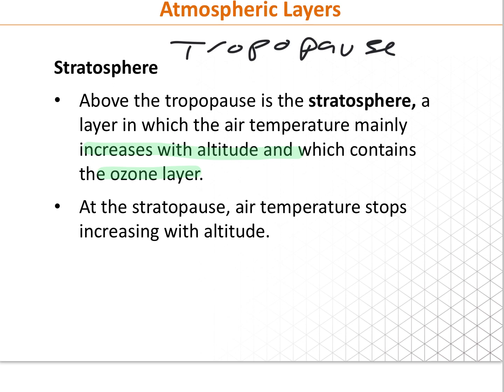Well, that absorption of ultraviolet radiation that I was talking about before by the ozone, and when it absorbs that radiation, the molecules vibrate and they release heat. So the temperature is increasing because the ozone's absorbing radiation. All right, I think that's pretty clear. We'll review this.